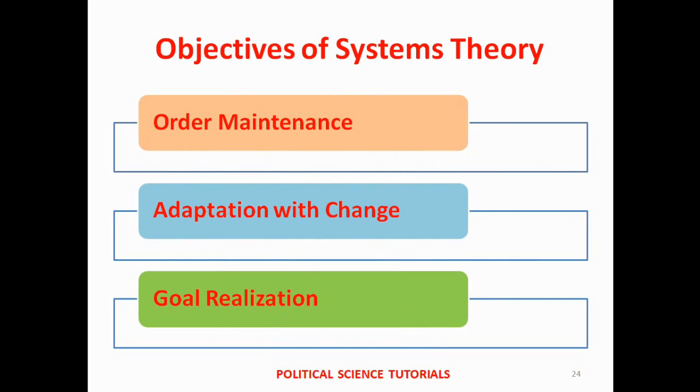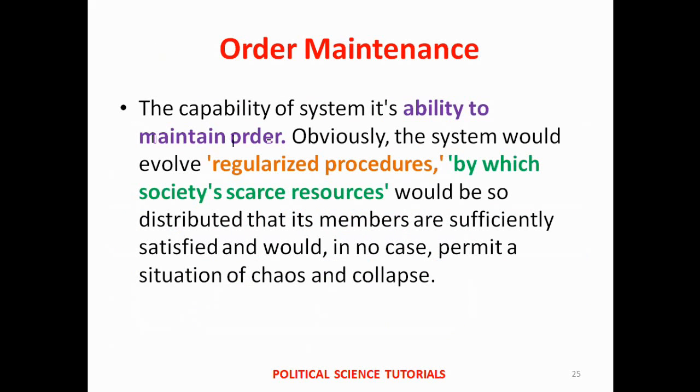Every theory is built keeping in mind some objectives. A theory like systems analysis also has some objectives. Its three main objectives are order maintenance, adaptation with change and goal realization.